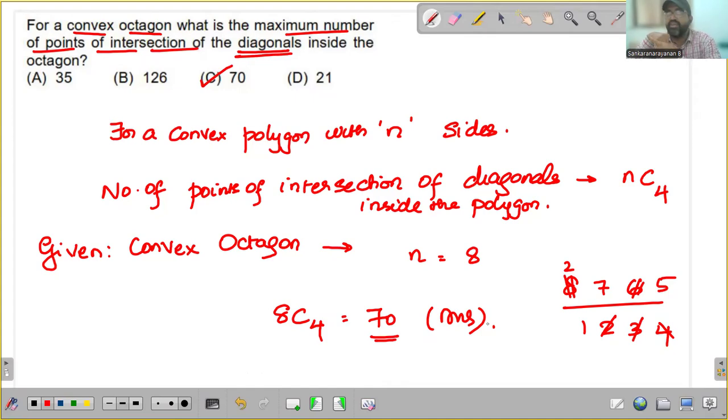Those concepts we shall discuss in our third lecture in the quick revision series on permutations and combinations. So stay tuned.